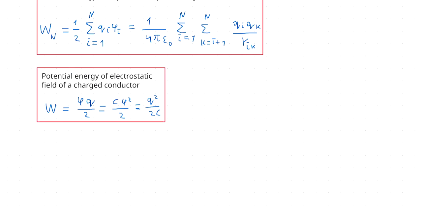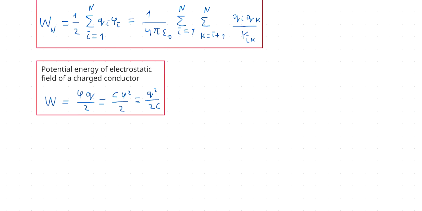Okay, and let's write this potential energy for a capacitor. Let's calculate the potential energy of a capacitor. How to do this? As you know, a capacitor consists of two conductors with charges that have the same absolute value but different signs.